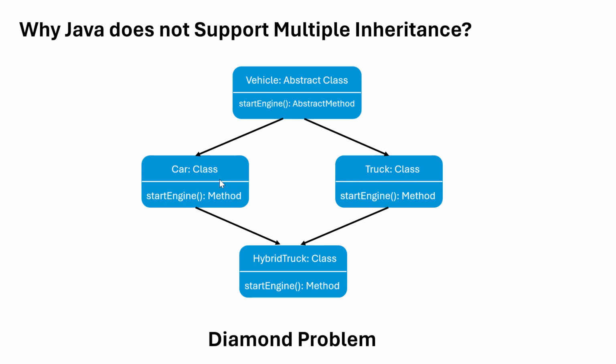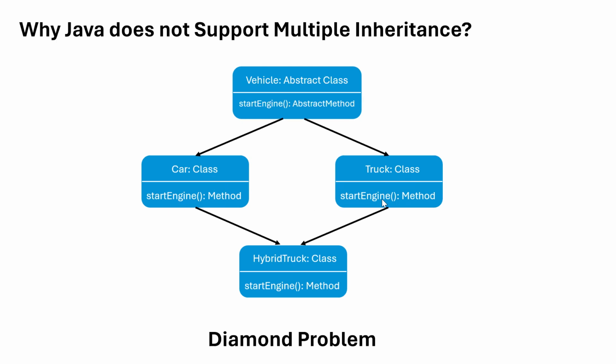So the question is how to override the start engine method inside a hybrid truck class. No, you can't override it, right? You can't override the start engine method directly inside the hybrid truck class. Why? Because it will create ambiguity, because we have two parent classes, car and truck, which have the same method start engine.